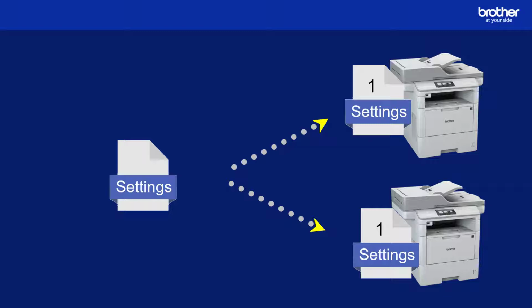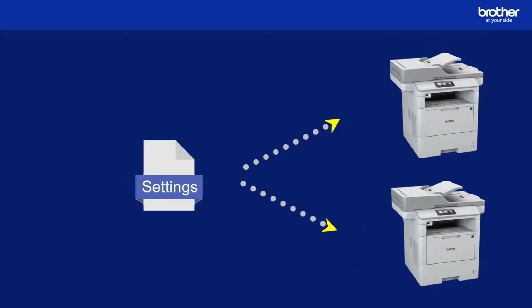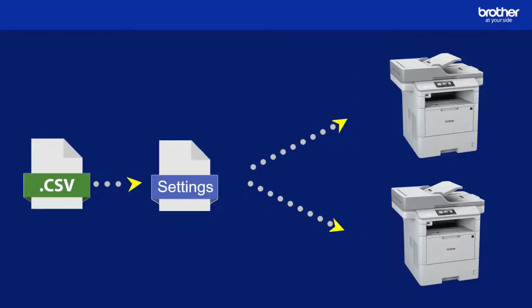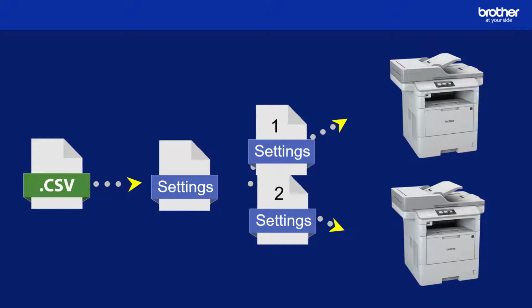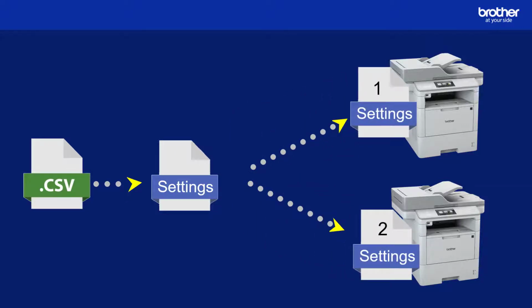I did not want to do this. Instead, I wanted to send them unique settings. To do this, I needed to modify my exported settings file and create a CSV template, which then enabled me to send unique settings to both of my Brother devices.